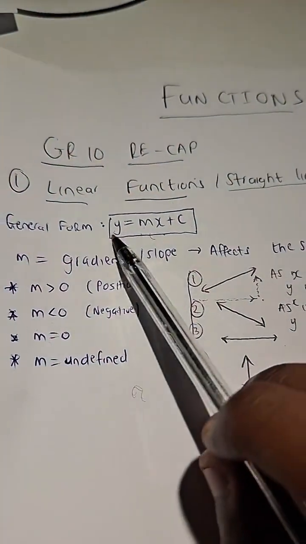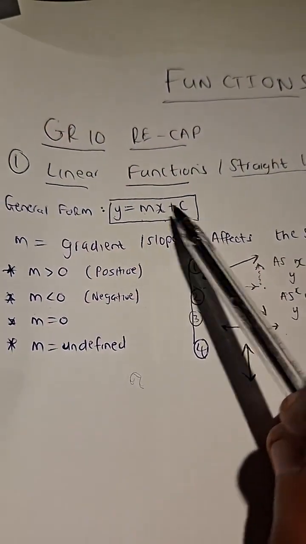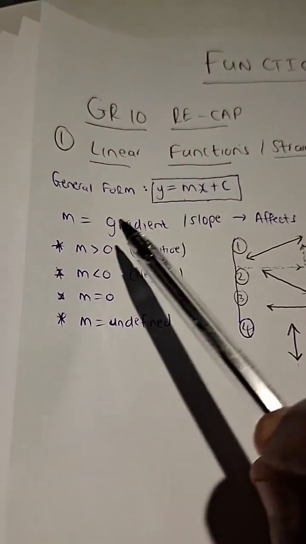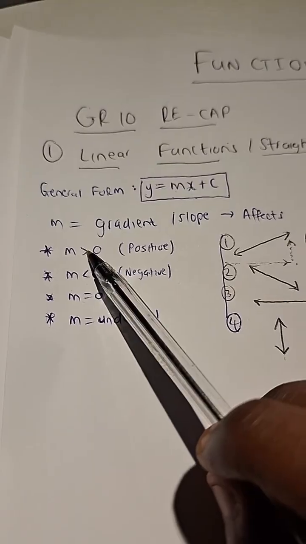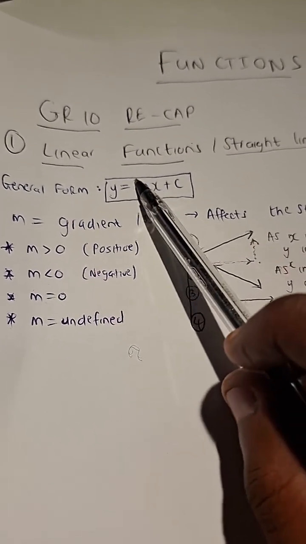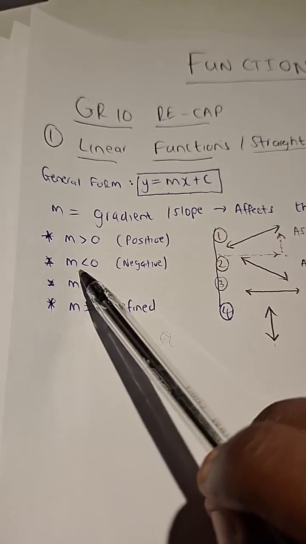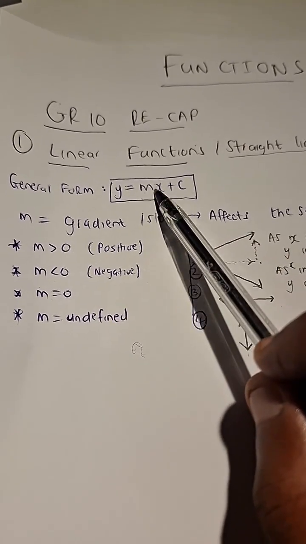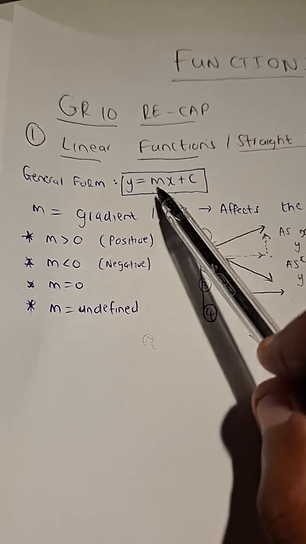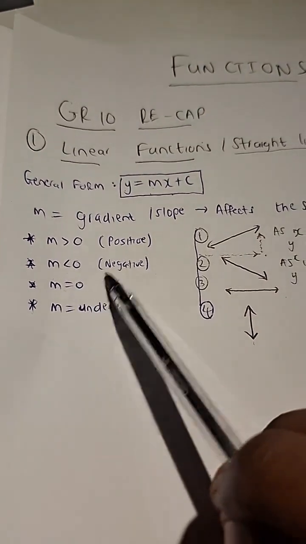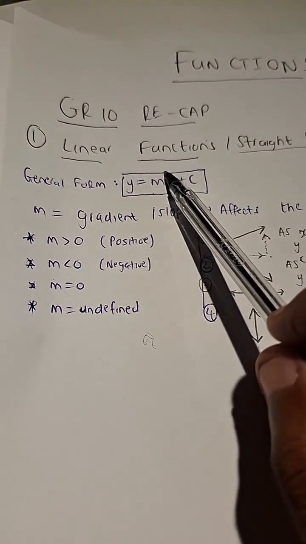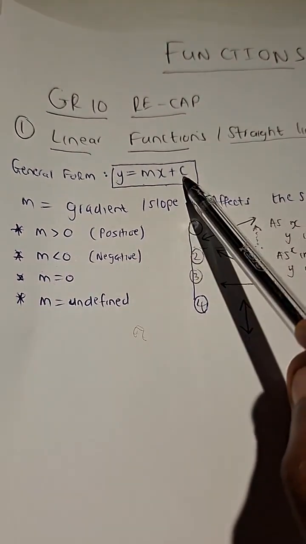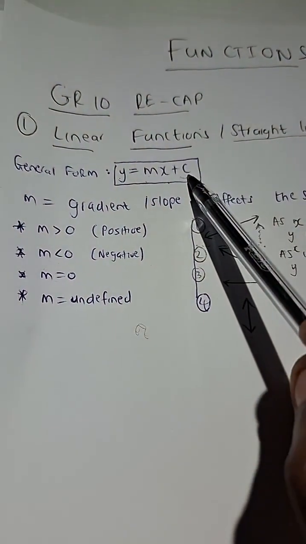If you look at the standard form of a straight line function, we said it's y is equal to mx plus c. That means when m is positive, then obviously this gradient here will be positive. When m is negative, then the value of m here will be negative. When m is equal to 0, it simply means that this x will disappear. Y will be equal to just a constant value.